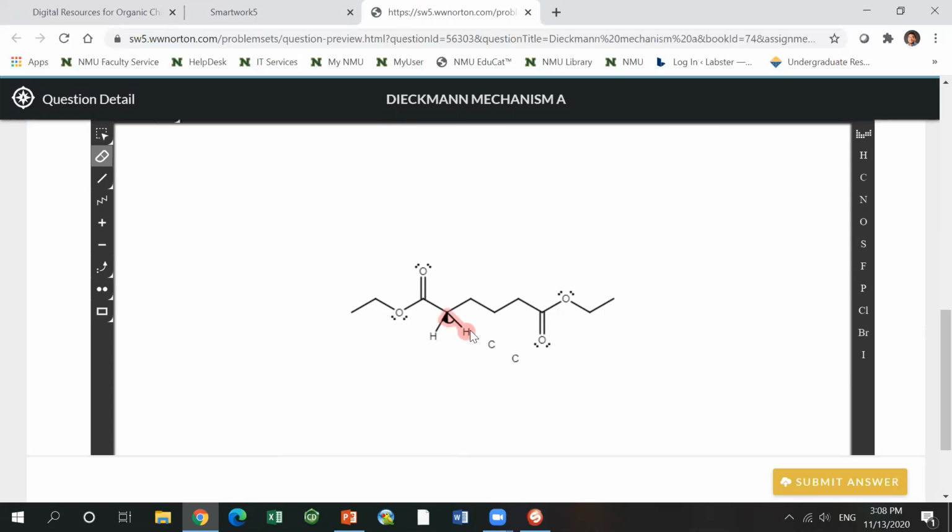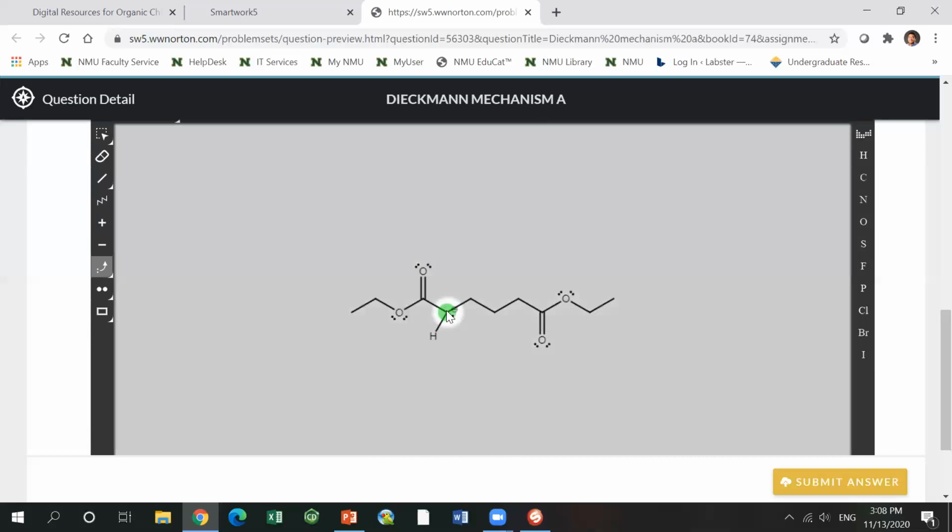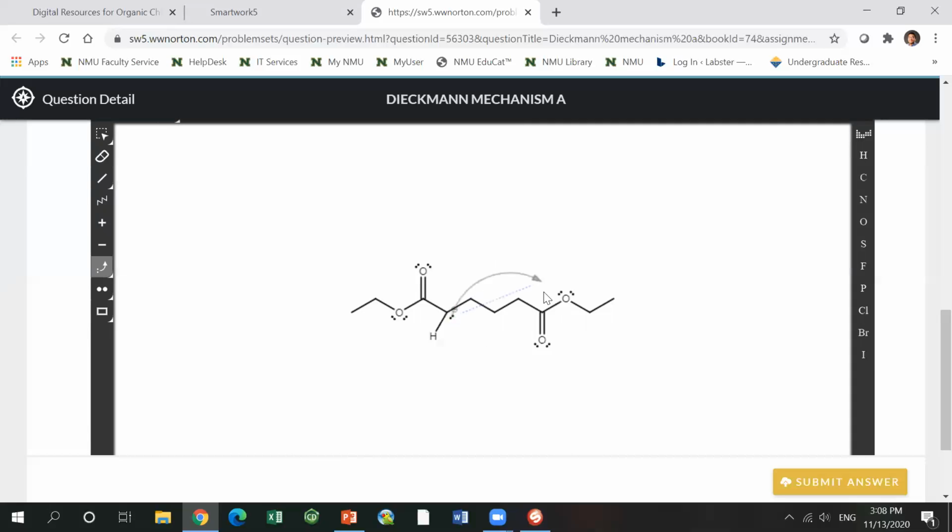We generate the enolate, so this alpha carbon will do the intramolecular reaction to close the ring. This one attacks the other carbonyl carbon and opens the C-O bond, so you have to generate the tetrahedral intermediate.